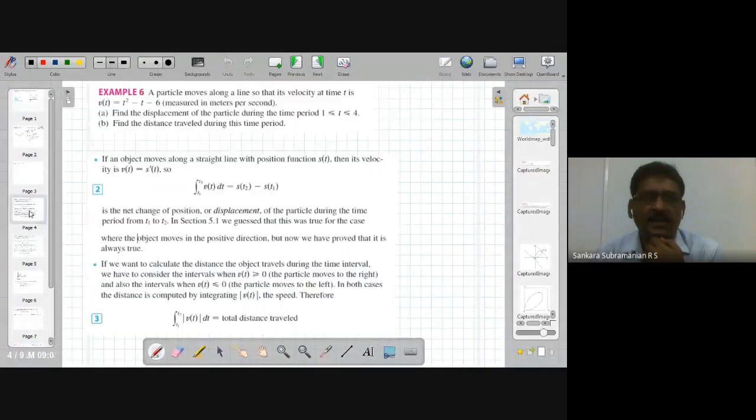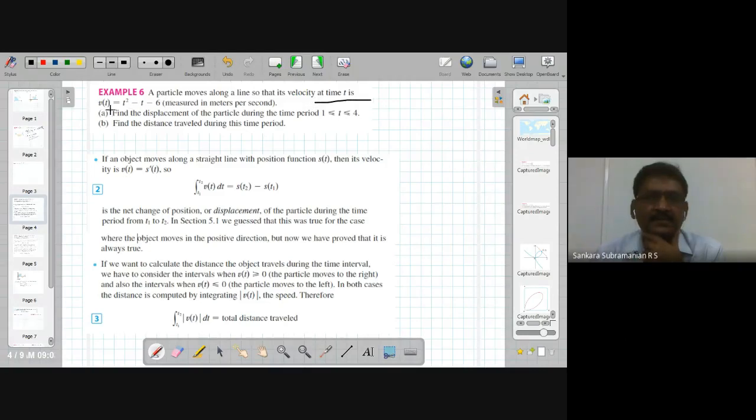Let us see the problem by taking a problem. So take example 6. A particle. Please take down the problem now. I'll give time for you. A particle moves along a line so that its velocity at time t is given by v of t.